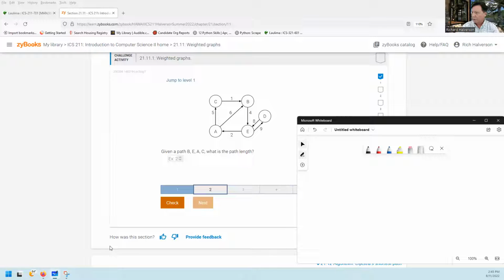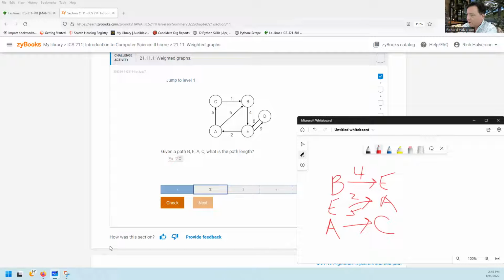From B to E is 4, and then E to A is 2, and A to C is 5, and that's it.